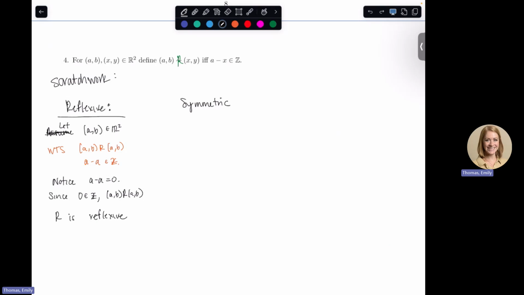What about for symmetry? What are we going to let be true?